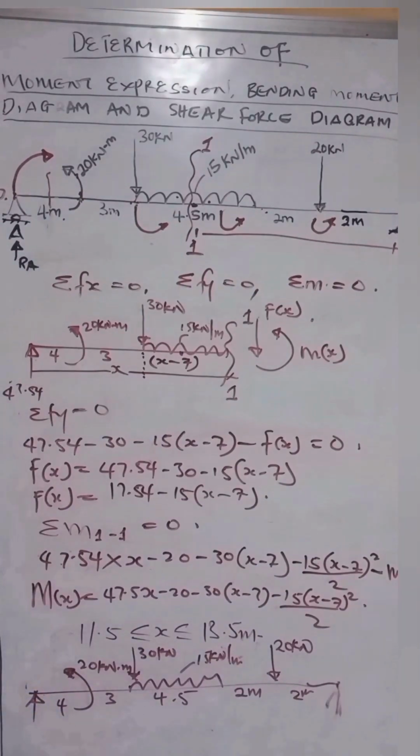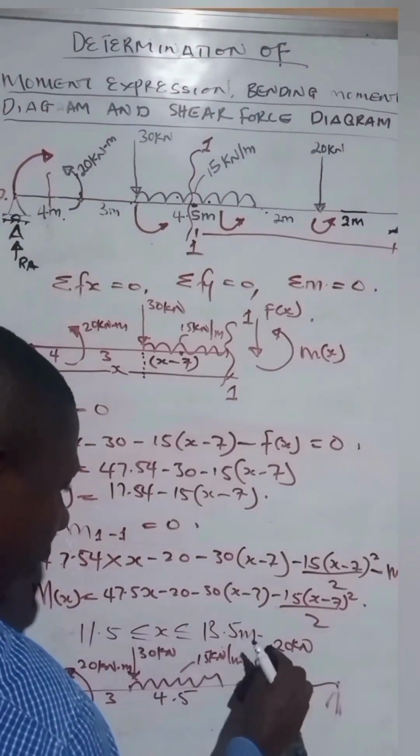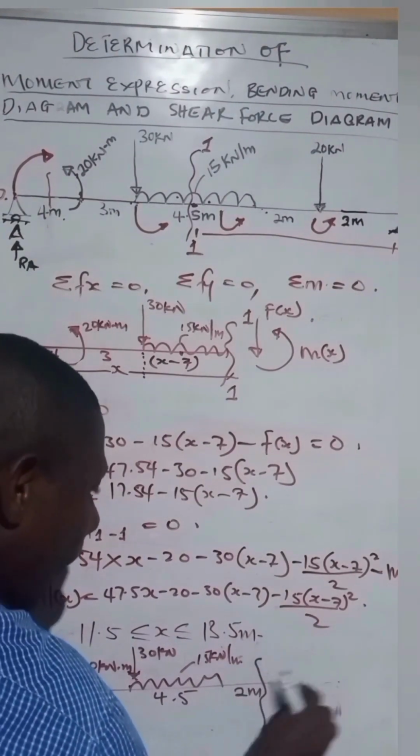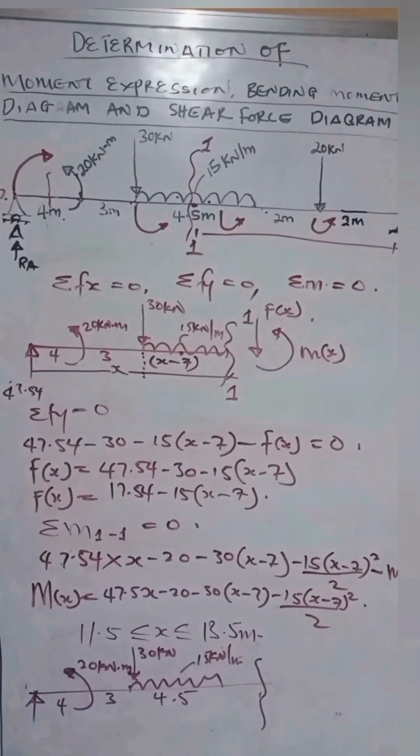So now we are going between this boundary. So this is where we are, cutting a section across that boundary. All right, so if we do that, we will not see this. This one is going.